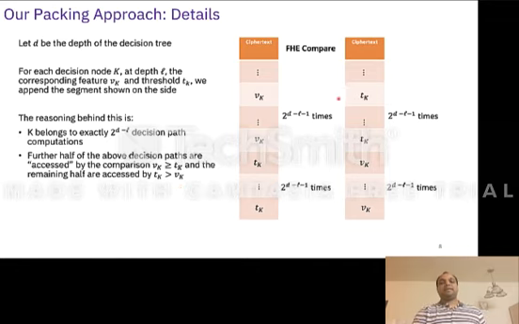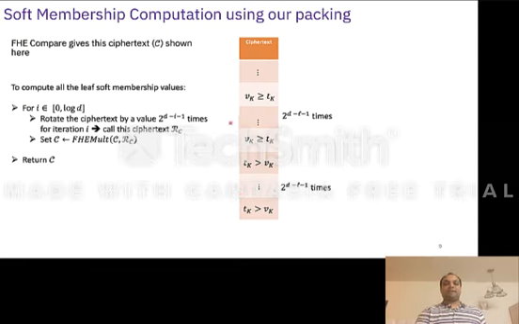So you can see that if I compare these two ciphertexts, I'll compute 2 power D minus L minus 1 times this computation and the same number of Tk greater than Vk computations. So once you do the comparison, you get something like this. And now, using a standard rotate and multiply operation, you can compute the soft membership score for all the data points. Again, I refer you to the paper for the exact details of what's happening.